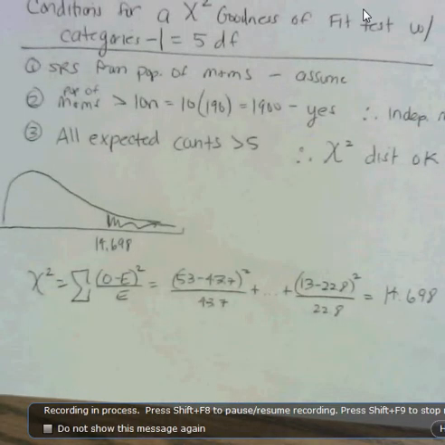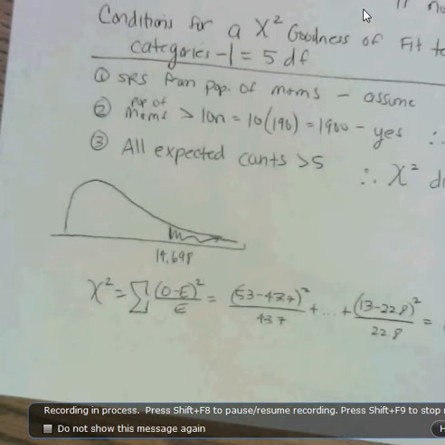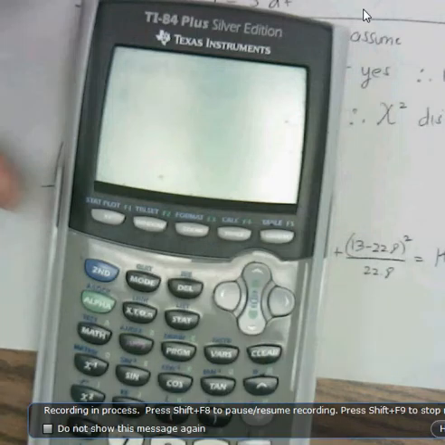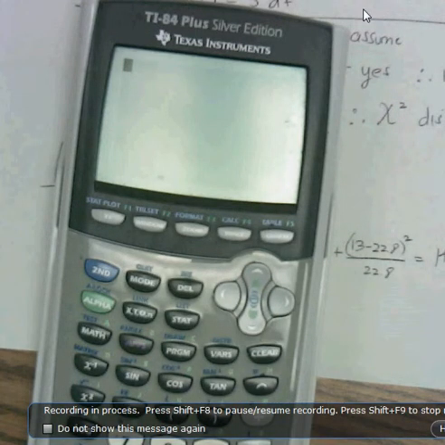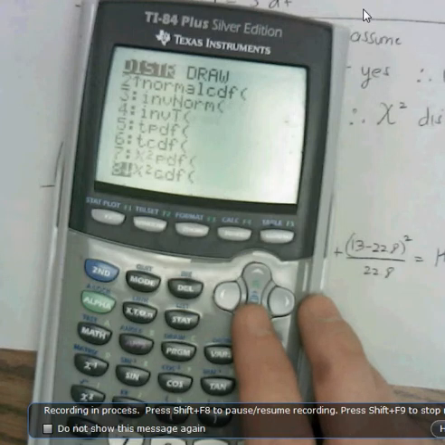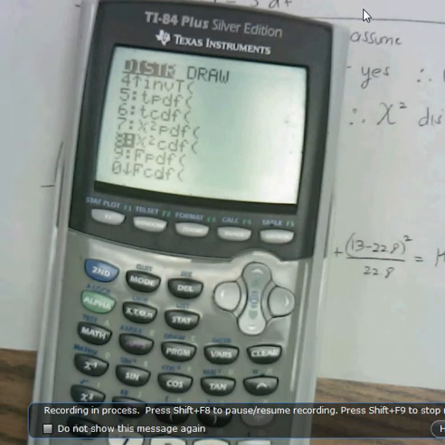Now, in your calculator, once you have the chi-square value, we need to get the p-value. So where do you go? Under the distribution menu, you will see a chi-square CDF. That is what you want to choose. So second distribution, chi-square CDF.